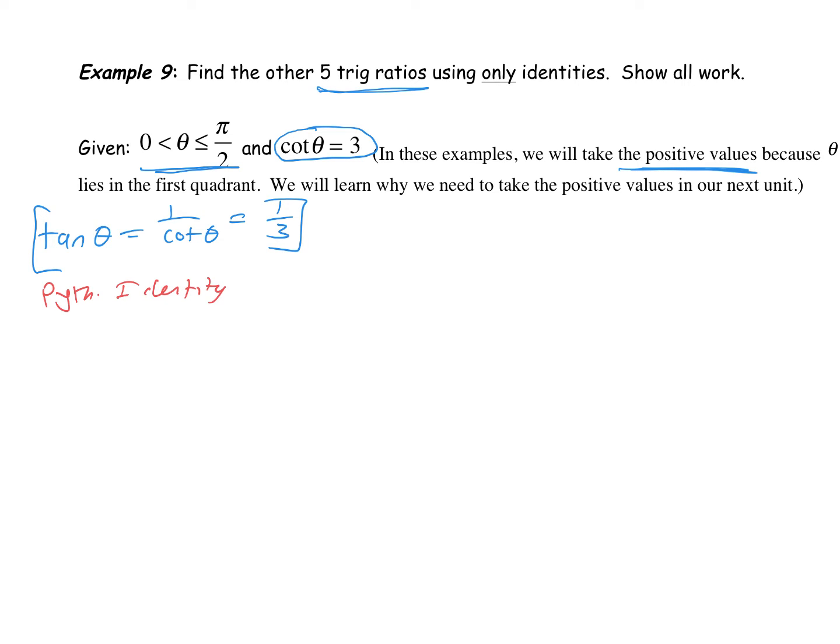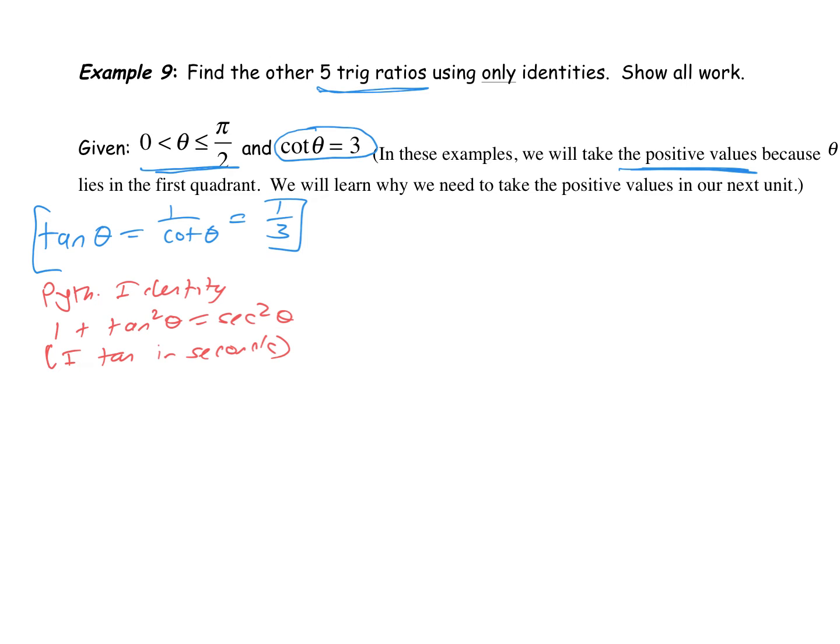And if I know tangent squared theta, I can get secant squared theta. So that identity is 1 plus tangent squared theta equals secant squared theta. This is the identity that we can remember with I tan in seconds.